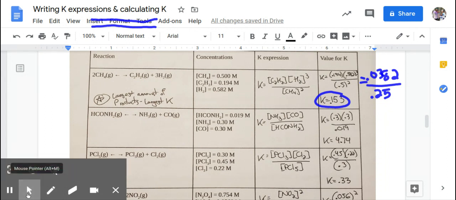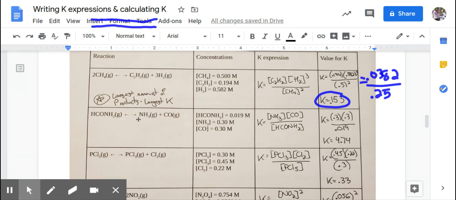Next one, a little bit easier because there's no exponents involved, because everything is a 1:1:1 mole ratio. So you write your K expression, products over reactants, NH3 times CO over HCONH2. It's all balanced. And now you're just going to plug the numbers in. NH3 and CO are both 0.3. 0.3 times 0.3 over 0.019.